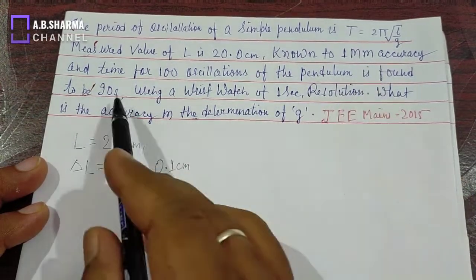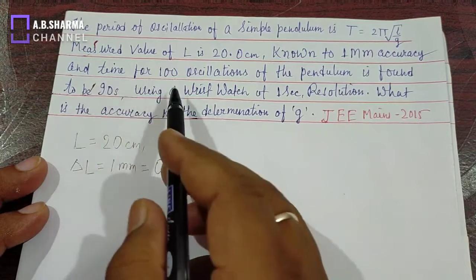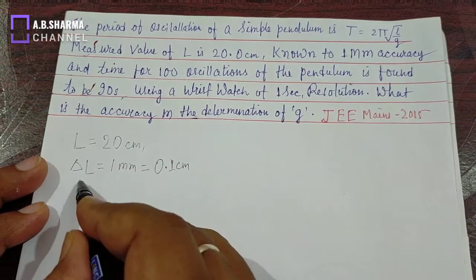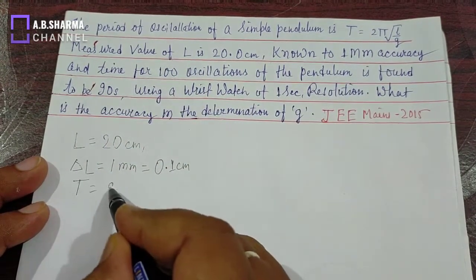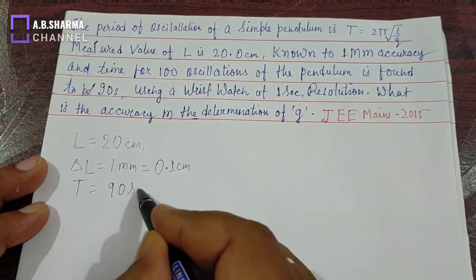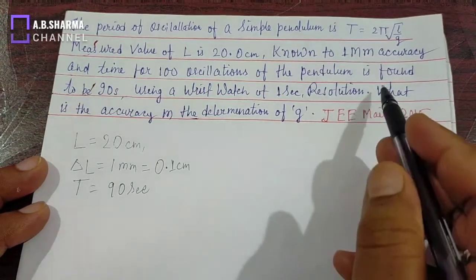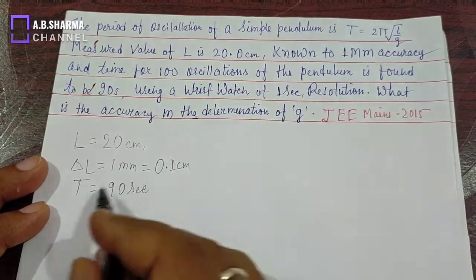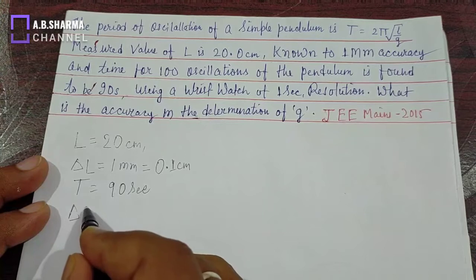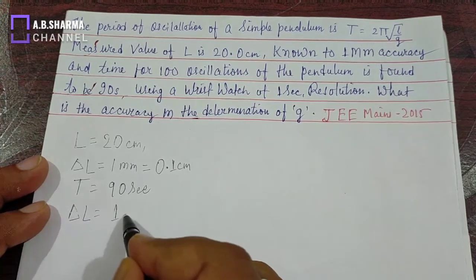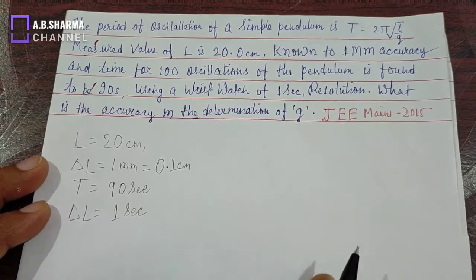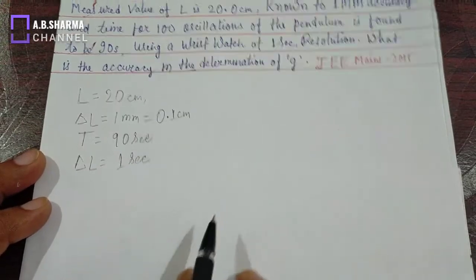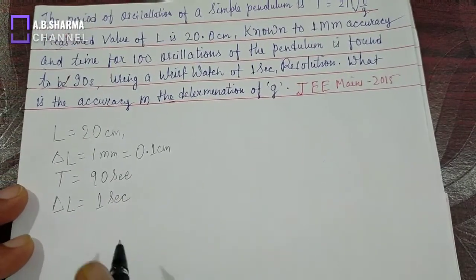And time for 100 oscillations is 90 seconds, means T is given, T is 90 seconds, and found to be 90 seconds using a wristwatch of 1 second resolution. It means delta T is given 1 second. Now these informations are given from the question.